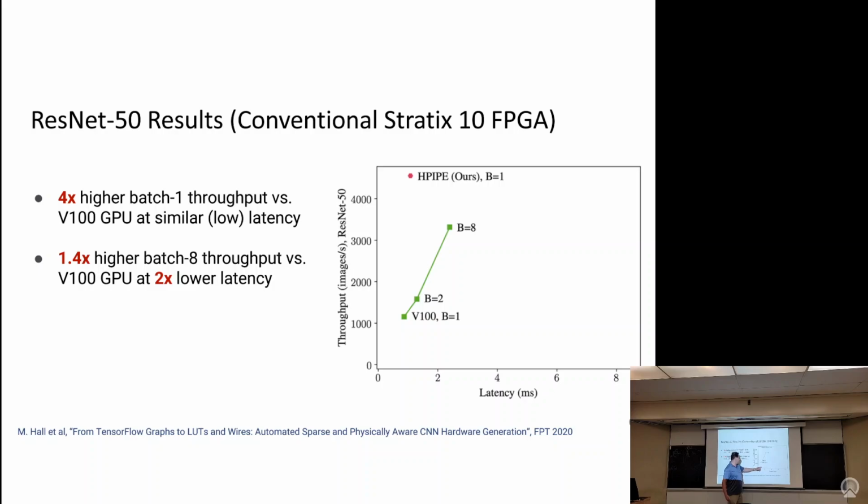If we compare to the GPU, if we give it batch 8, then its latency is worse, about 2 milliseconds, and its throughput is close, but not as high. If we start cranking down the batch size to batch of 1, just give it 1 input at a time, its latency gets better, kind of equals the FPGA on latency, but it's only got about 1/4 of the throughput. So you can see the trade-off on the GPU. And where the FPGA implementation is most compelling is when you need low latency but pretty high throughput.